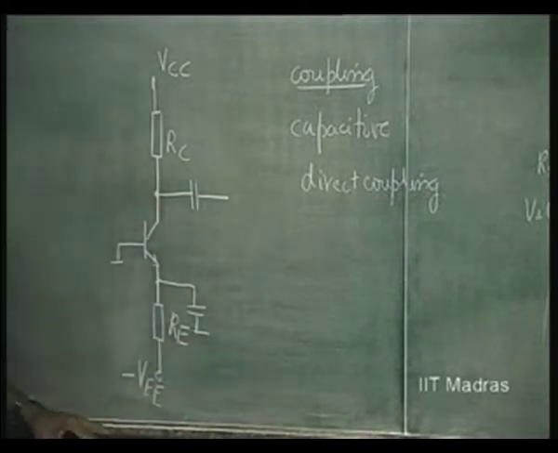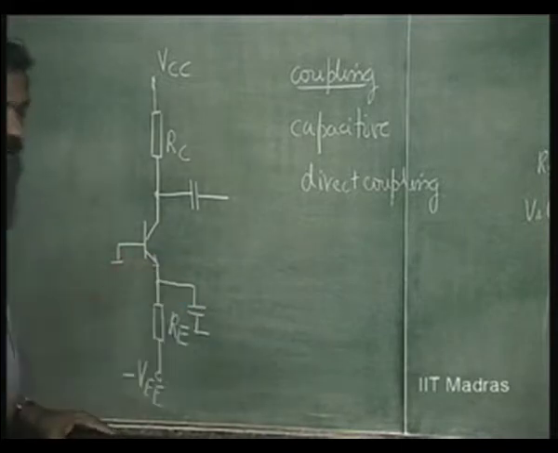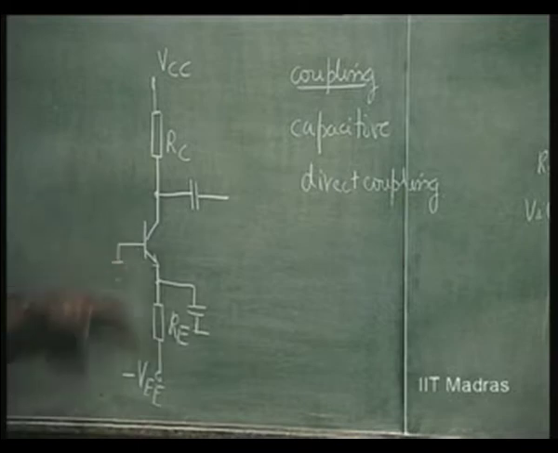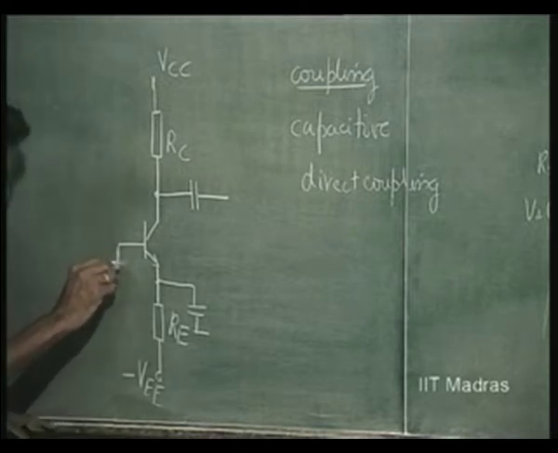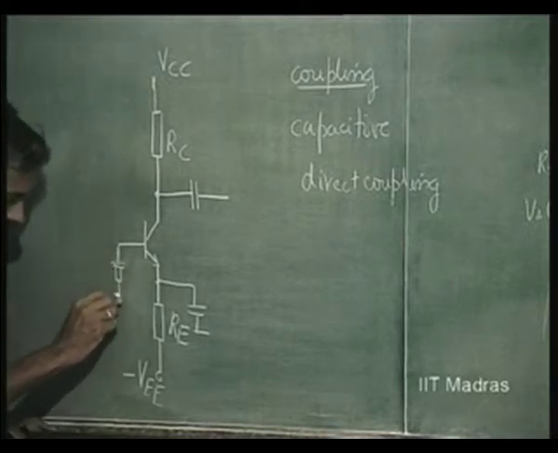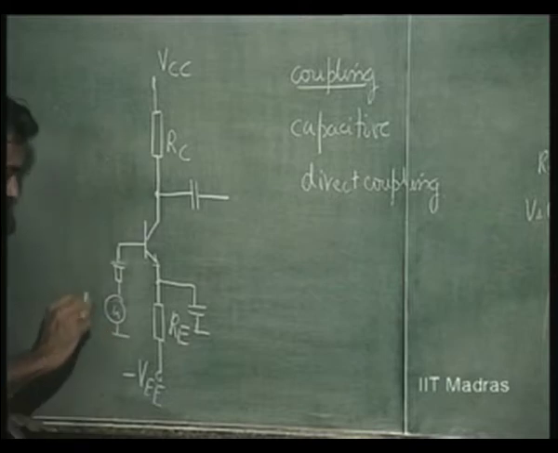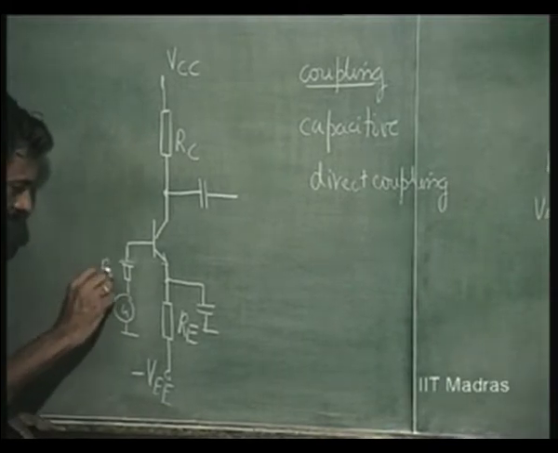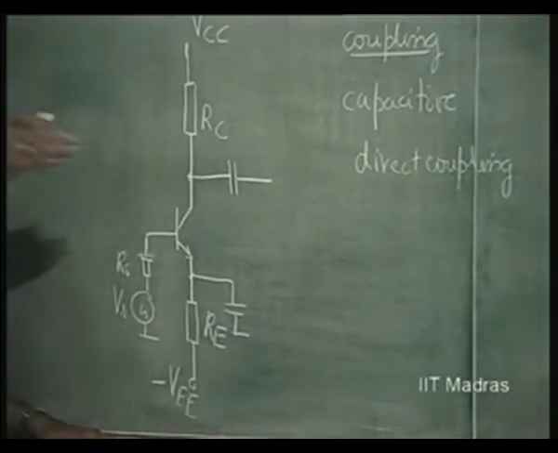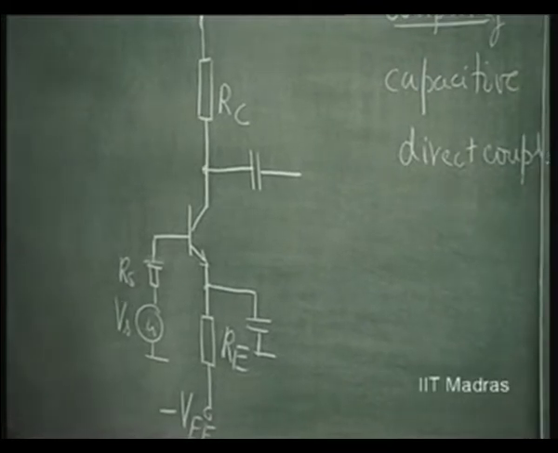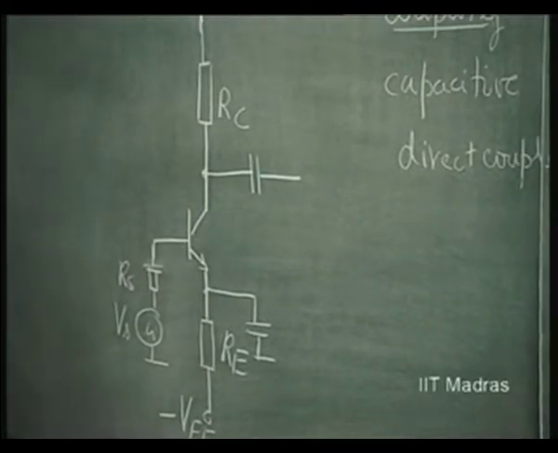The next stage is also a common emitter, let us say. This common emitter is using dual supplies, so I can directly couple my signal onto this. So, I do not have to worry about capacitive coupling here, I can directly couple the source here, just as we did in the last example of common source amplifier. This is a common emitter amplifier.